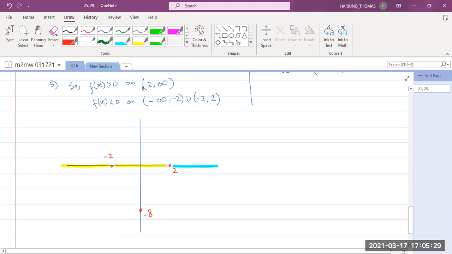Okay, so it's positive from 2 to infinity. It's negative from -infinity up to -2 and then -2 to 2. So when we try to graph that, you see that the graph actually looks like this.